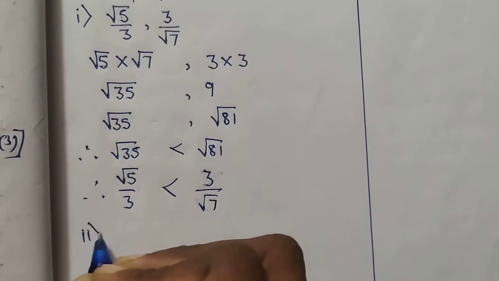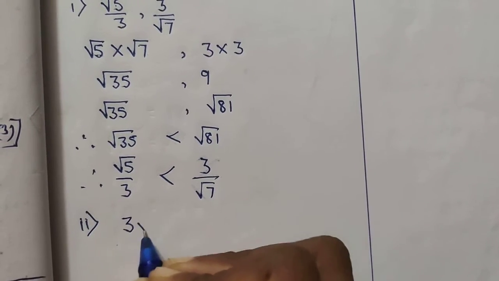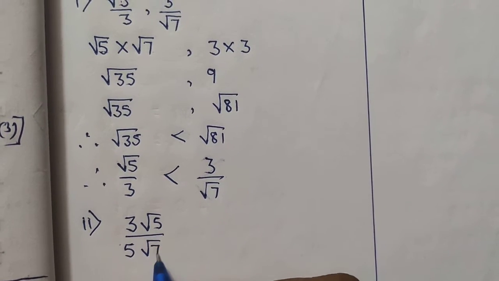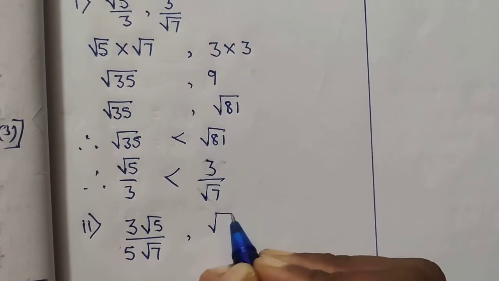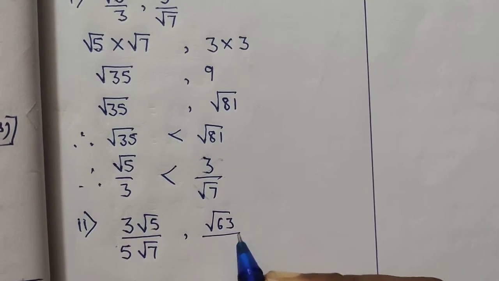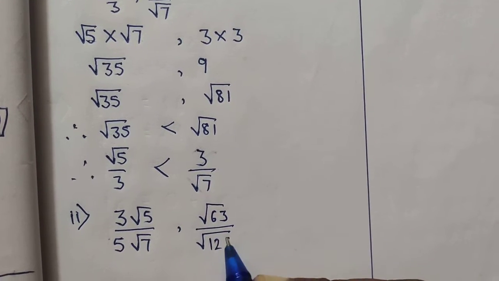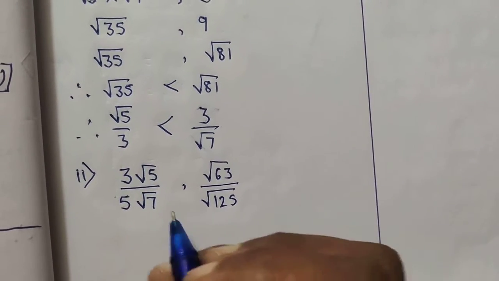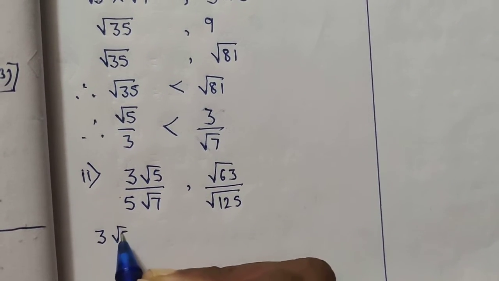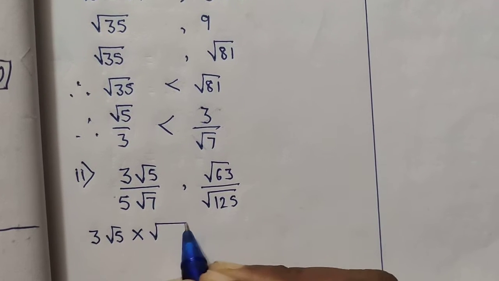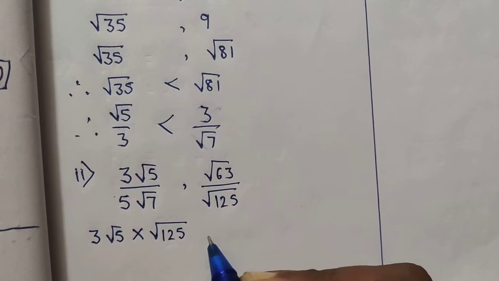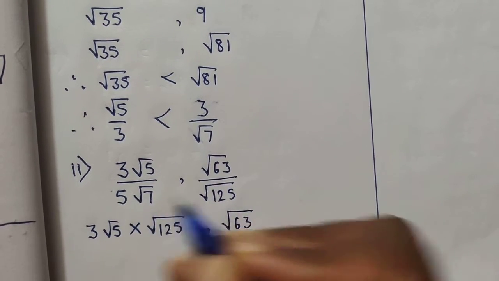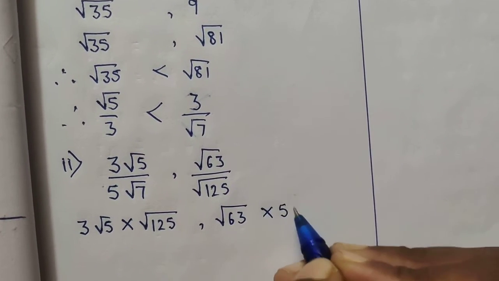So in the same way I am solving the second one. Your second question is 3 root 5 upon 5 root 7, comma, square root of 63 upon square root of 125. Okay, same way, first do cross of this, that is 3 root 5 into root 125, comma, root 63 into this 5 root 7.